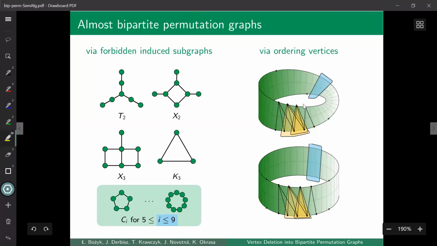So as a small remark, maybe I can add that most of this stuff was done around a year ago in a workshop in Krynica.